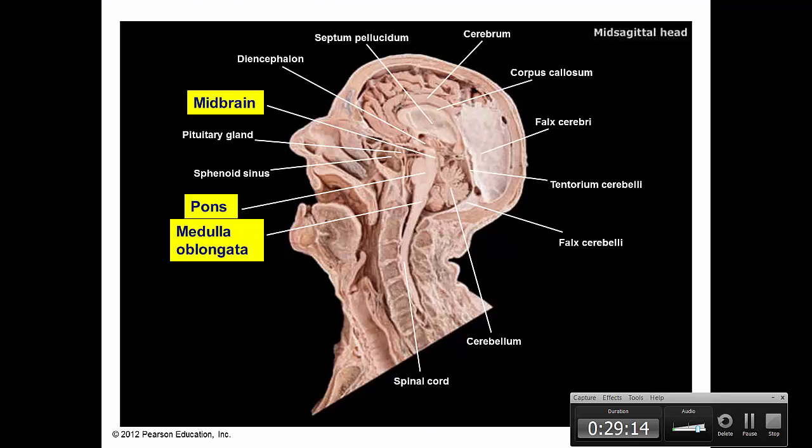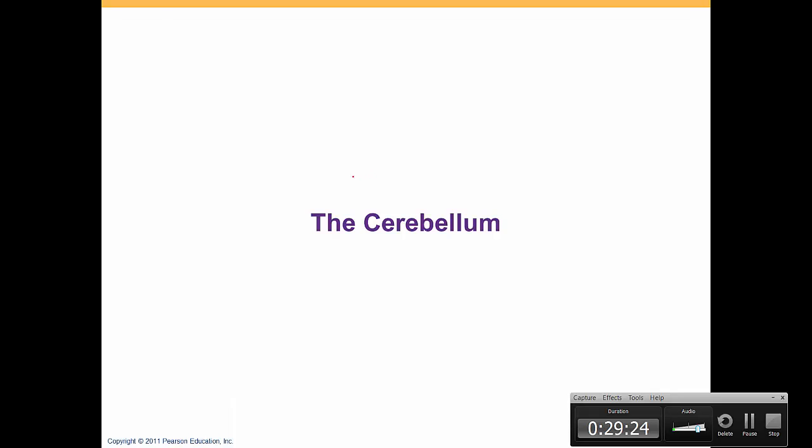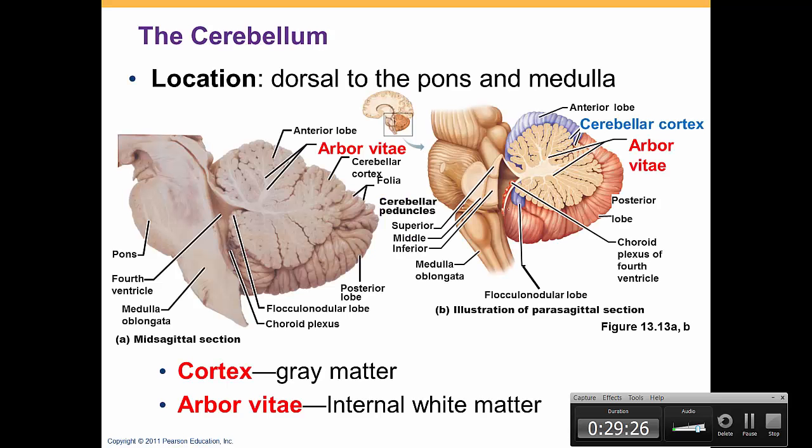Then as you can see here, I have the midbrain, the pons, and medulla. So this is my brain stem. The cerebellum is a part that is behind the pons and the medulla. So this is my cerebellum. We need to know a few structures on the cerebellum. We need to know the arbor vitae, which is basically this white part inside the cerebellum.